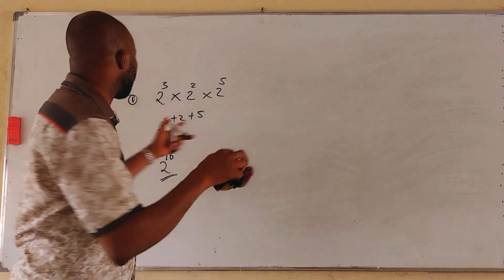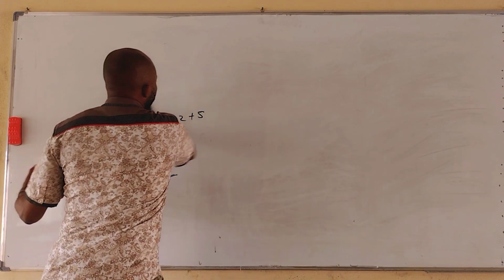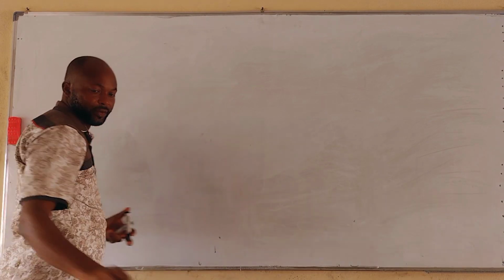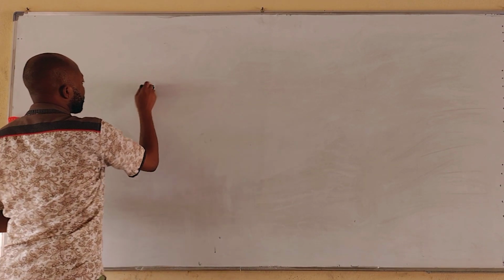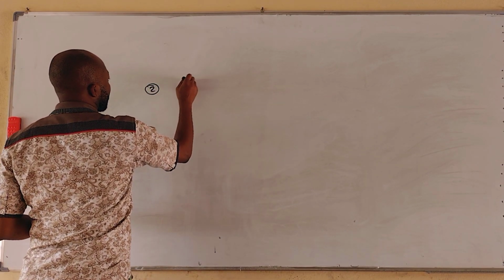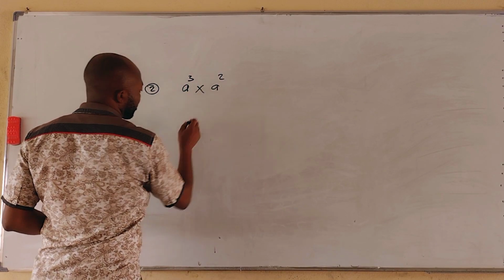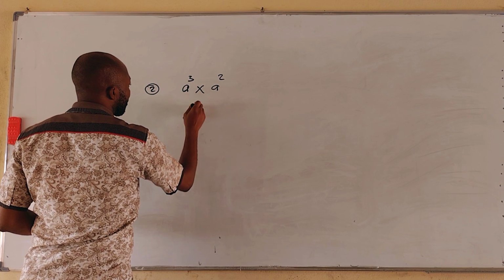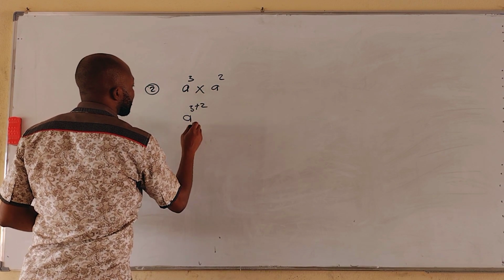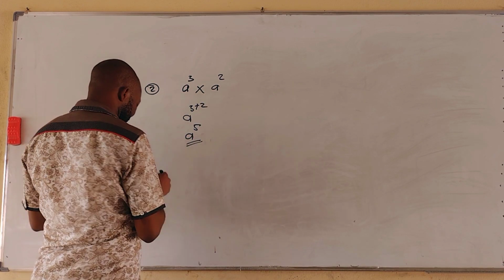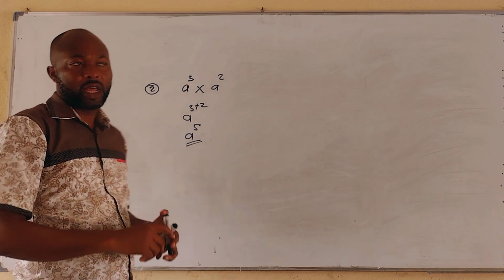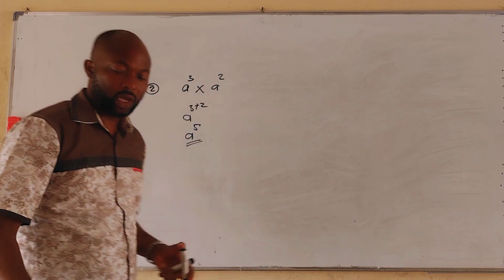Okay, let's take another example aside from this. If I have a raised to the power 3 times a raised to the power 2, this will become a raised to the power 3 plus 2, which is a raised to the power 5. The trend continues.